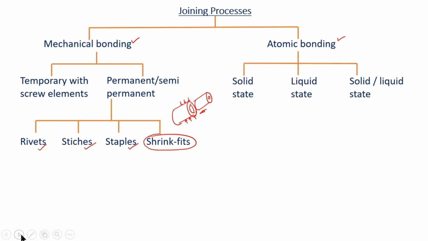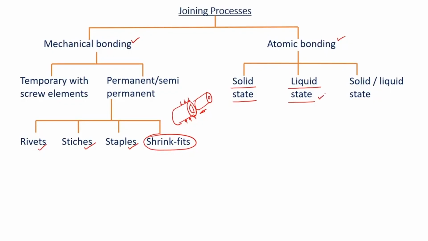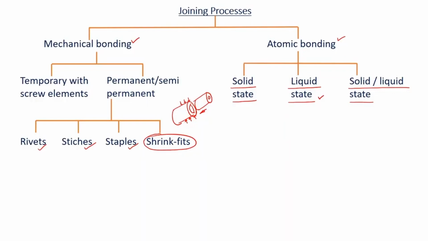In atomic bonding processes, the materials are bonded at atomic level. That bonding can be carried out in solid state, or we can liquefy the materials to be joined by application of energy. That process is called the liquid state atomic bonding, or there may be a process where both solid and liquid states are present. That is the solid-liquid state atomic bonding processes.